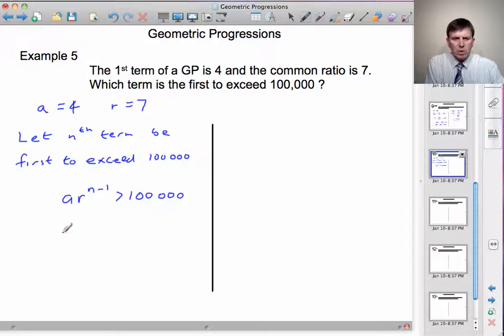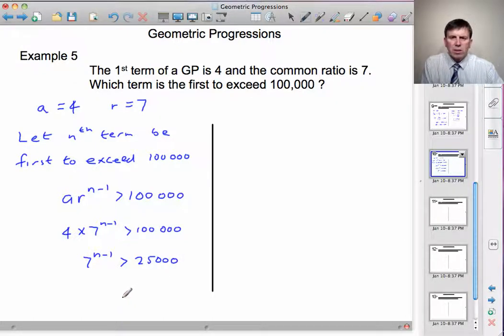Let's put the numbers in that we know. A is 4, so it's 4 multiplied by 7 to the power n minus 1 has to be greater than 100,000. And now I'll just divide this inequality through by 4. So I'll get 7 to the n minus 1 on the left is greater than, and 100,000 divided by 4 is 25,000.